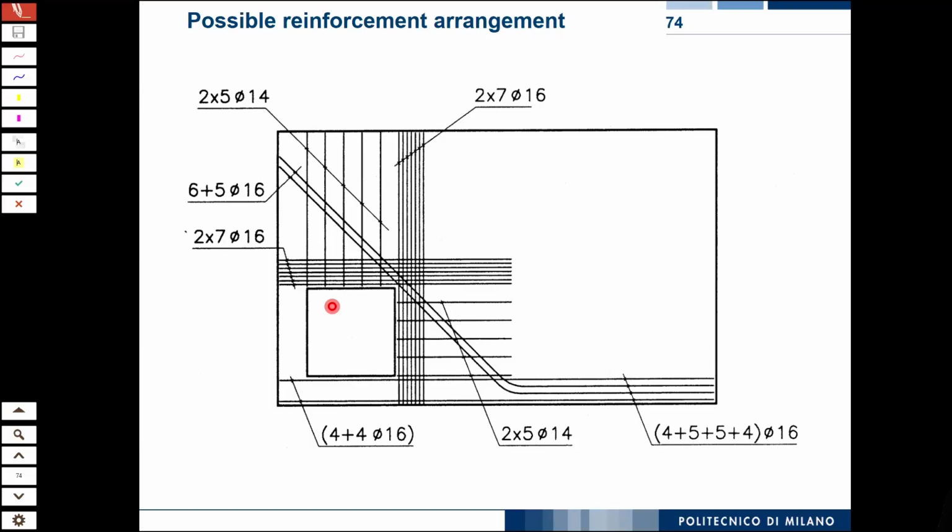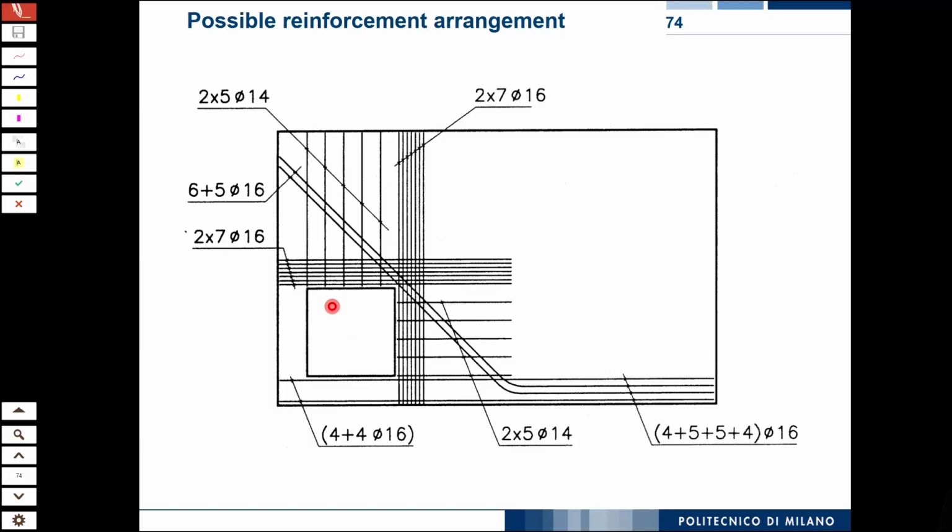So you continue. Now this is 7 meters long. That 2.5 meters, something like that.